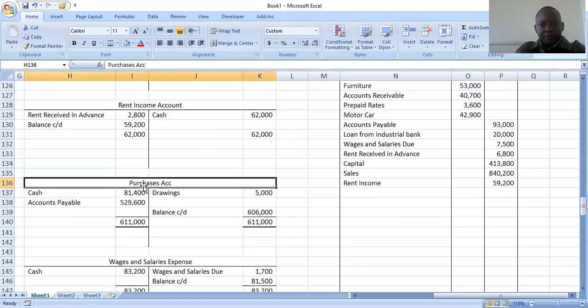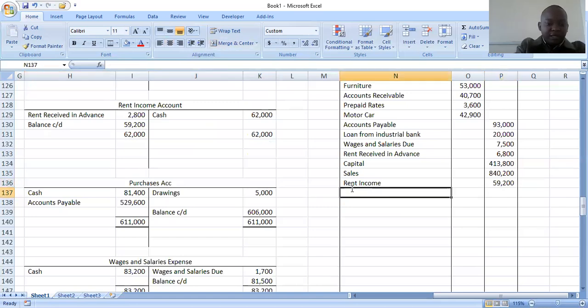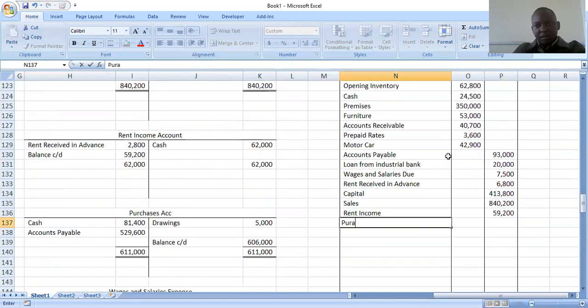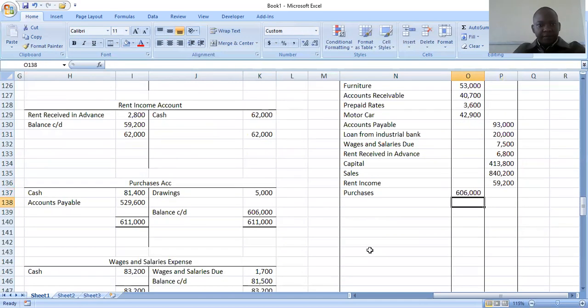Then we have purchases. Purchases is an expense. Expenses will always have a debit balance, so 606,000 is a debit balance on the debit side.